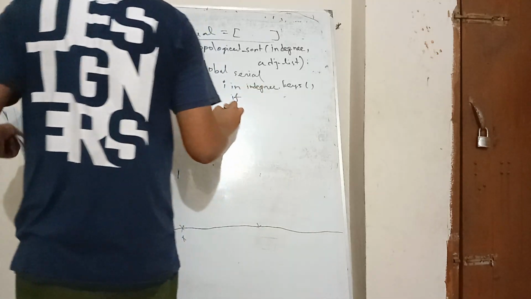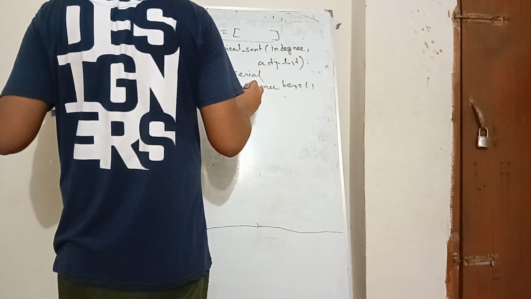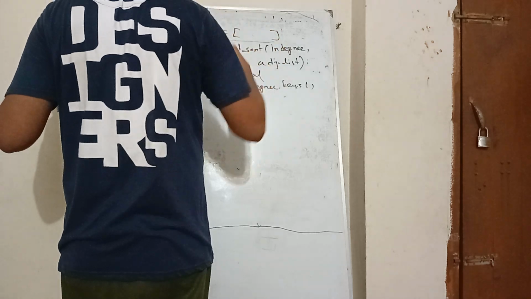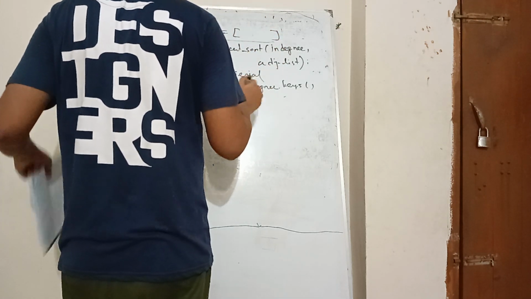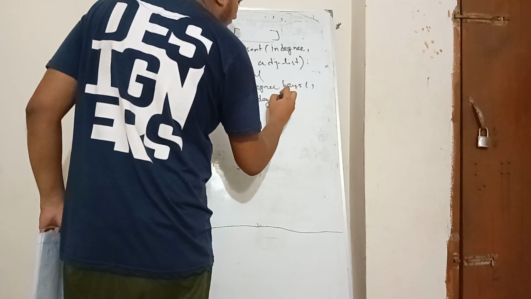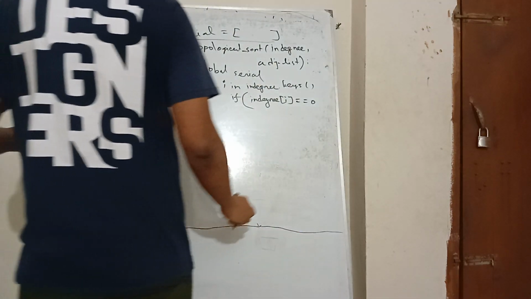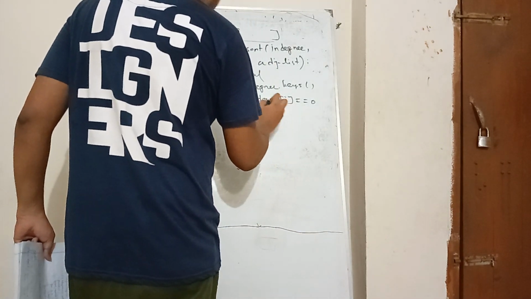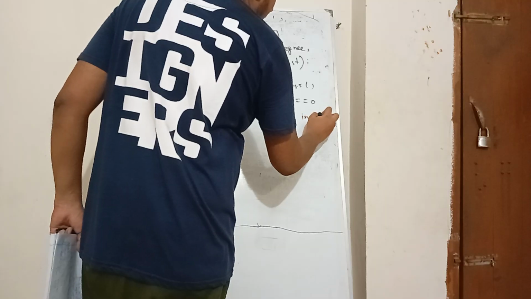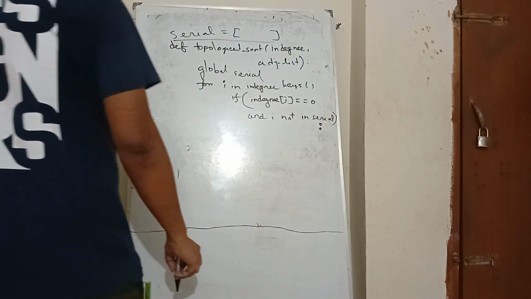If i has in degree 0 and i is not in serial, what do we do?